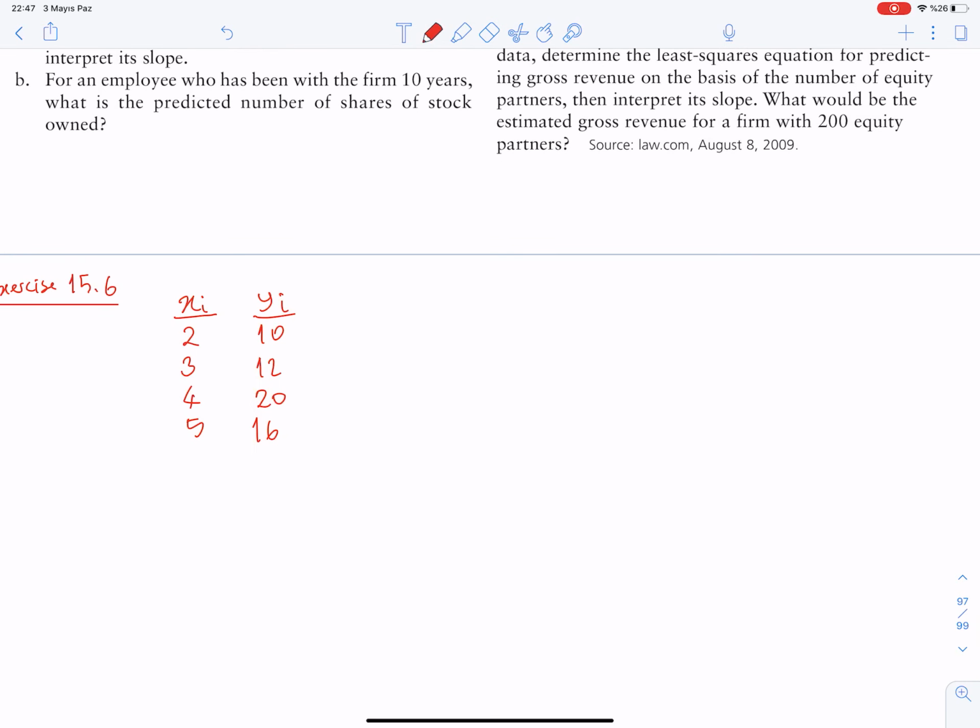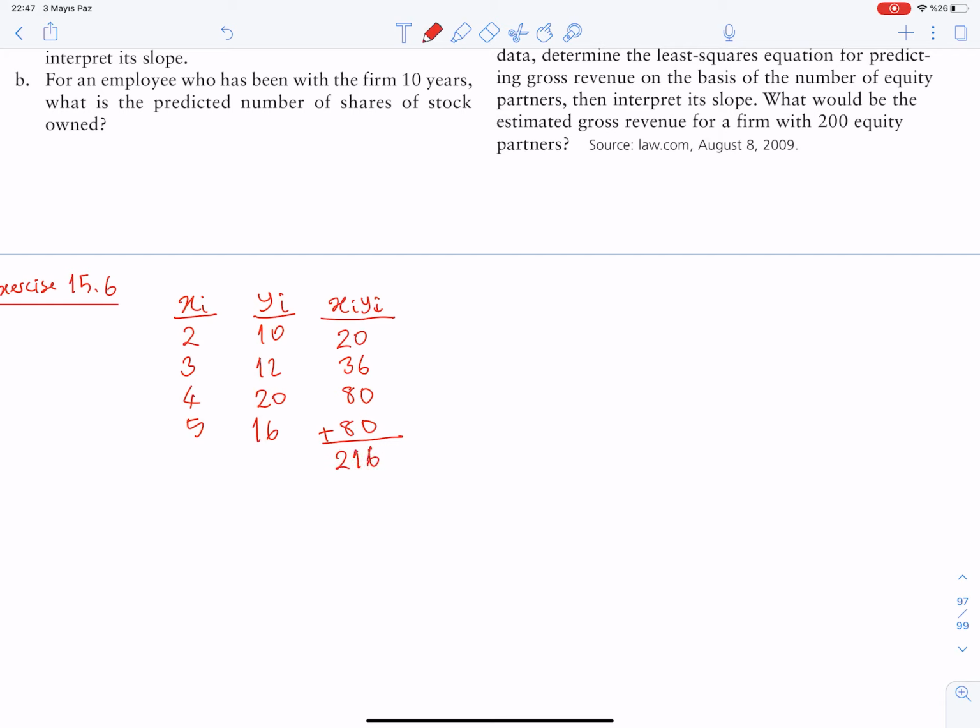And I need the cross product multiplication. 2 times 10 is 20, 3 times 12 becomes 36, and the total is 216.